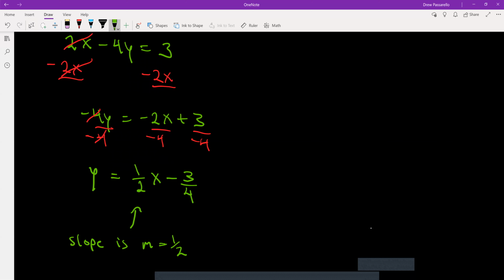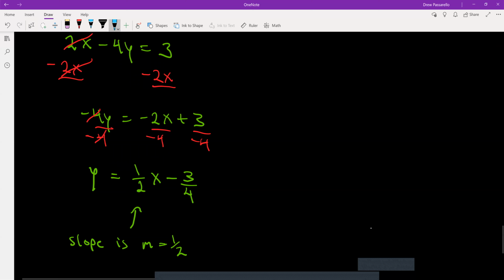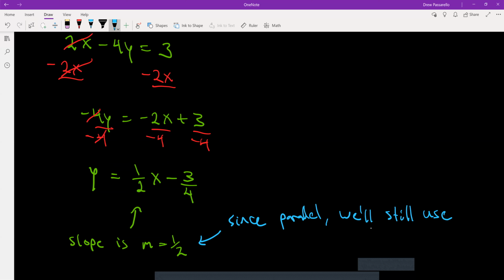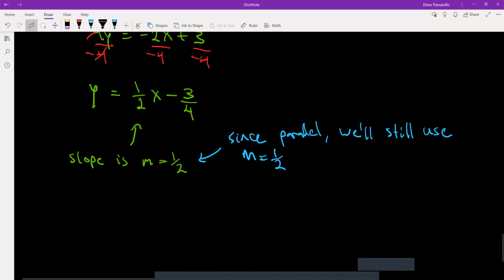So for the given line, the slope is 1/2, so the line that we want is going to also have slope 1/2. Okay, and again, the given point is (2, -5).